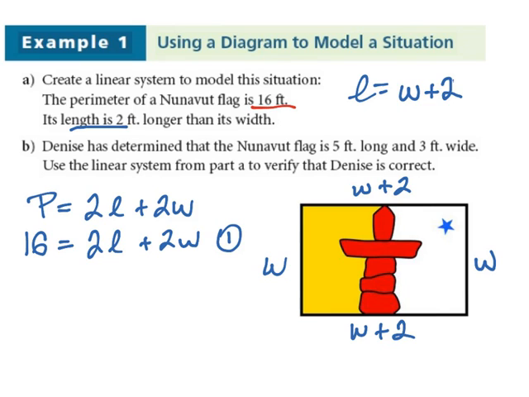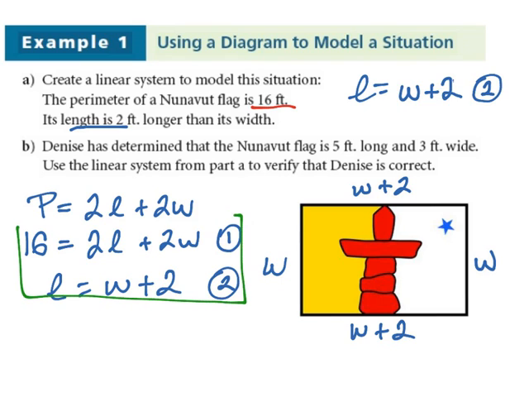Our second equation is length equals W plus 2. This is our second equation. Now, a system of linear equations, a linear system, is composed of 2 linear equations. And these are our 2 linear equations.